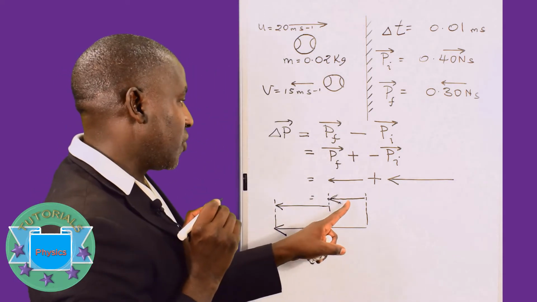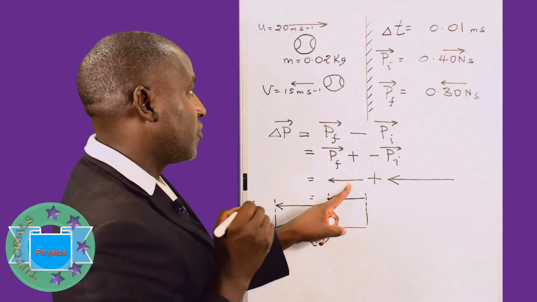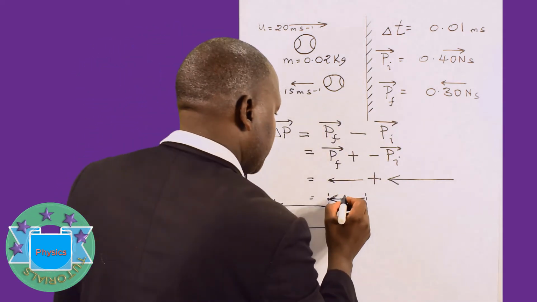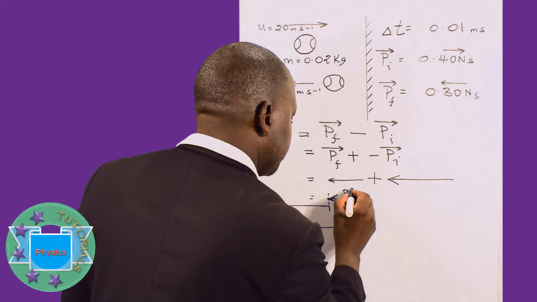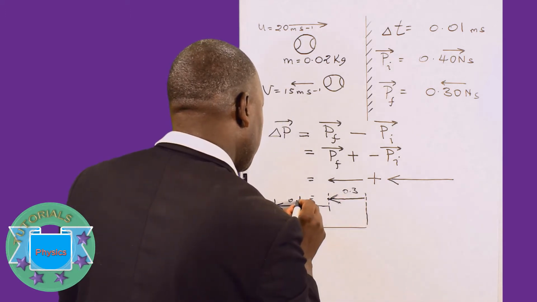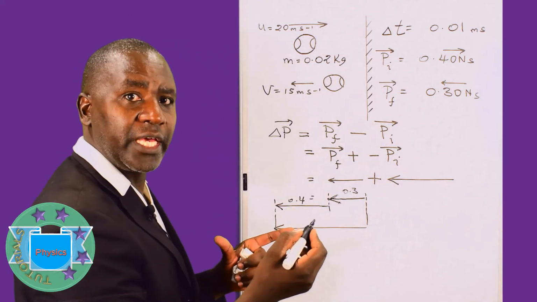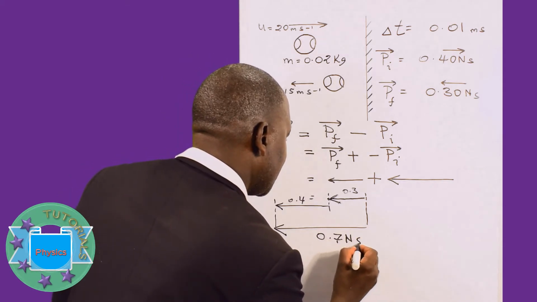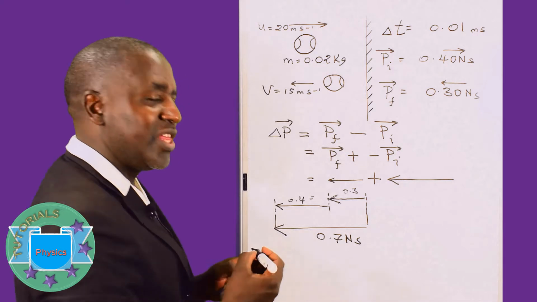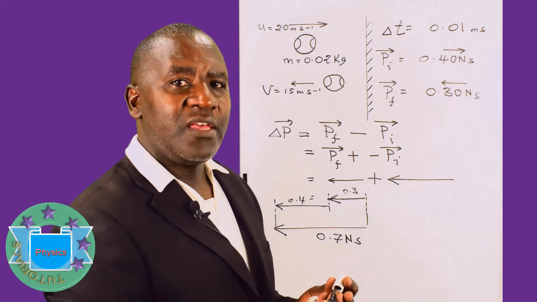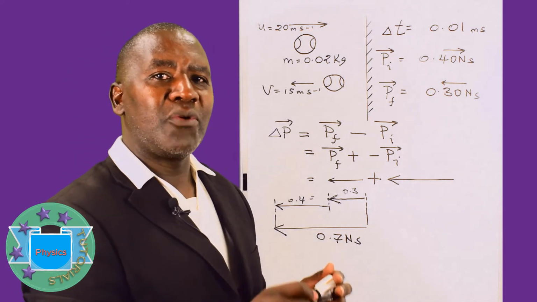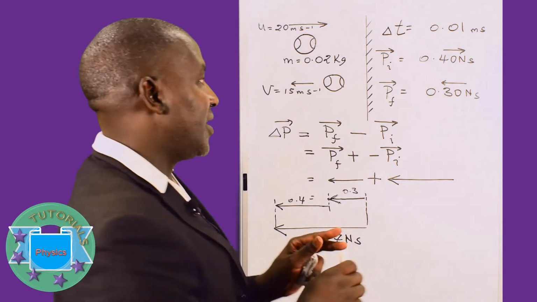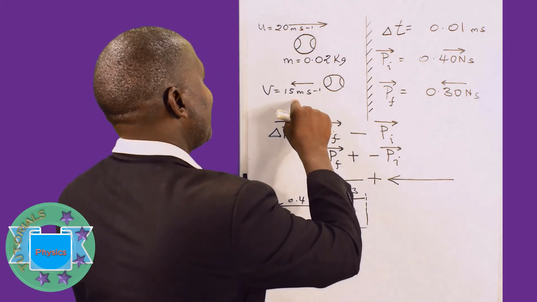And it becomes equal to the final momentum, which is 0.3 plus 0.4. You can use any kind of scale and you'll get 0.7 Newton seconds to the left in the direction of the final momentum.